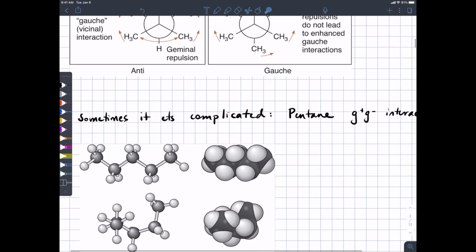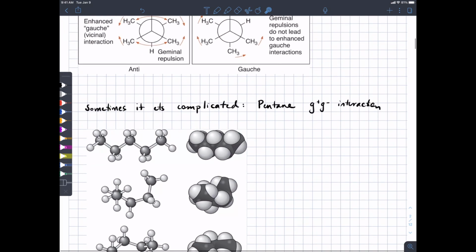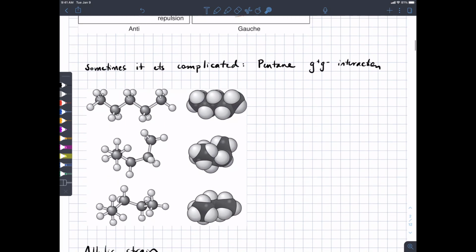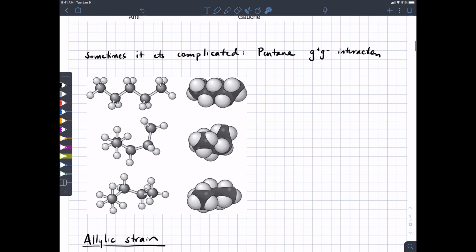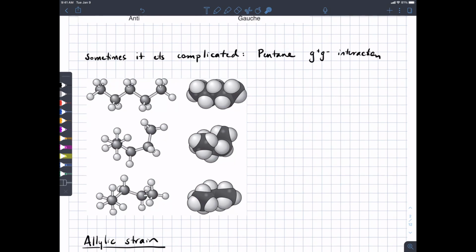It can get more complicated, and you've seen this maybe in your computational assignment with pentane. And I totally didn't understand this until actually I sat down and did the assignment myself. So there are just a couple of unique conformations in pentane. They're showing 3 here. There's actually one more that they're not showing you.